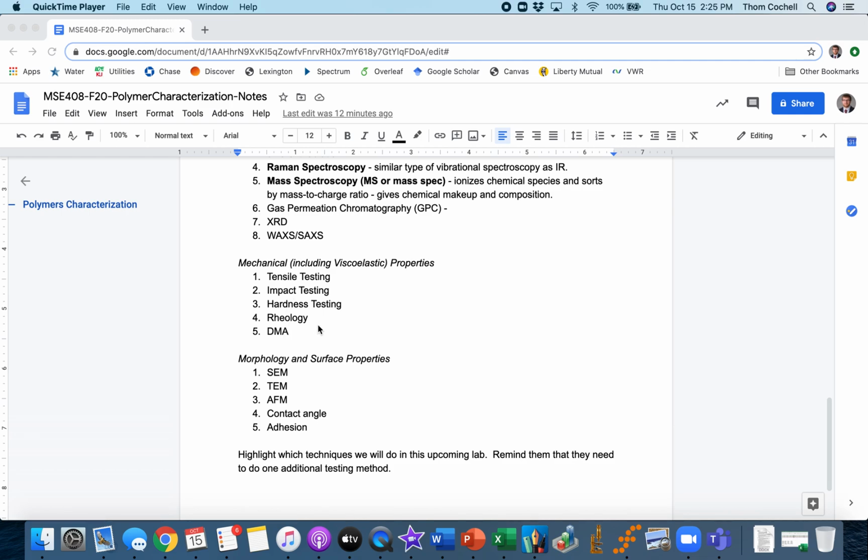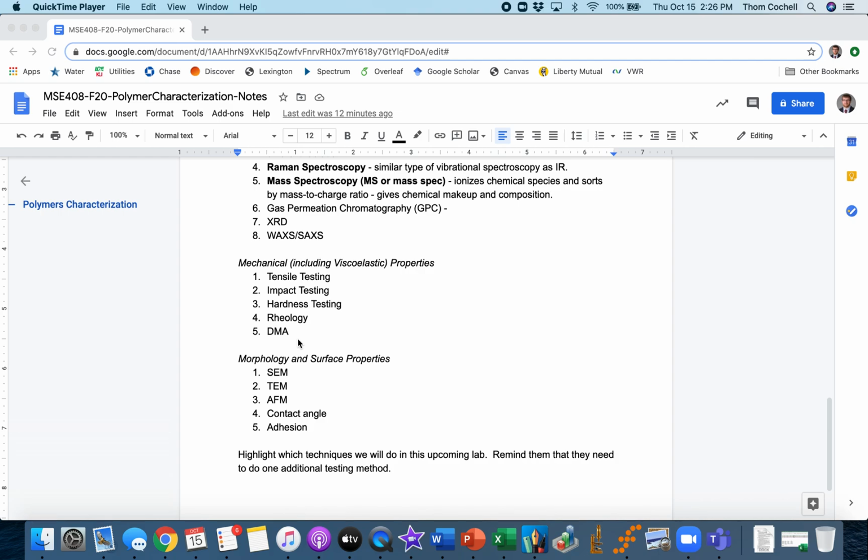So when things are more liquid-like, studying the viscous flow and viscous behavior of those materials. So a lot of the mechanical properties can also be expanded into viscoelastic properties, and so those get away from traditional metals techniques.